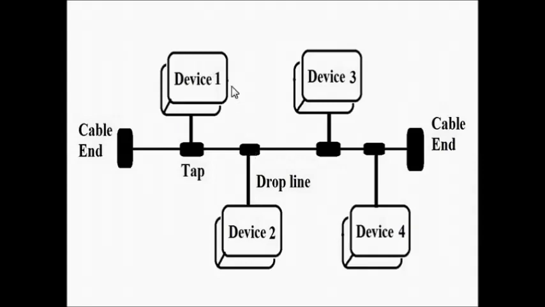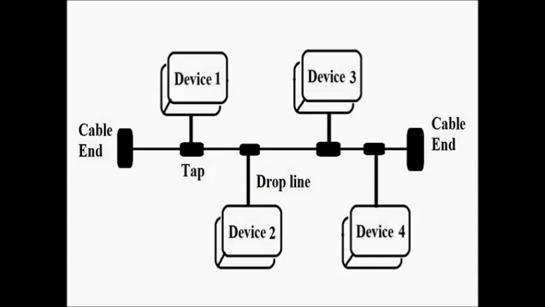If a particular pair of devices is involved, then the other devices have to wait until that data communication is over. Only then can that device transmit or receive data. So this is how the bus topology works through multi-point connection.